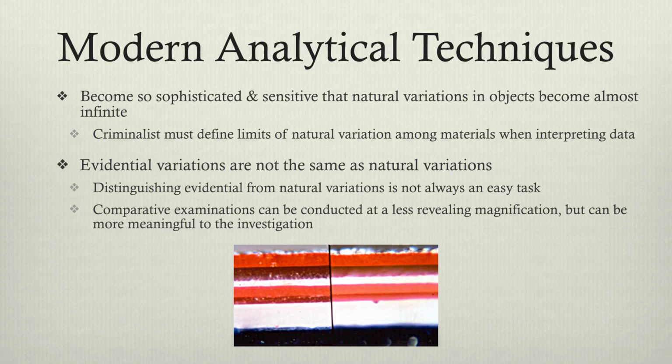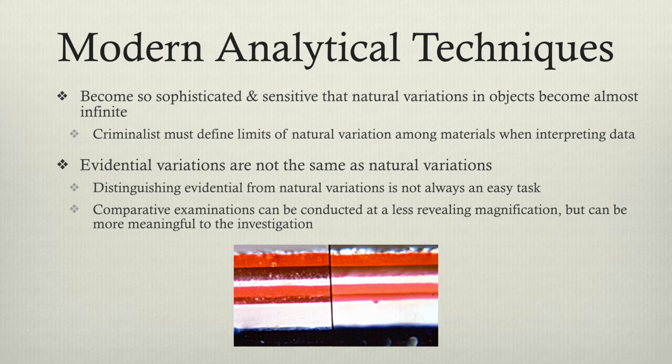For instance, if we looked at the density and refraction index when comparing two pieces of glass, with the latest techniques we can distinguish if the glass originated from a single pane of glass, which goes way beyond what the investigators want to know, which would be something like whether they came from the same window.